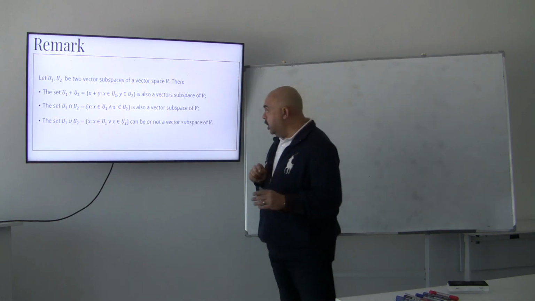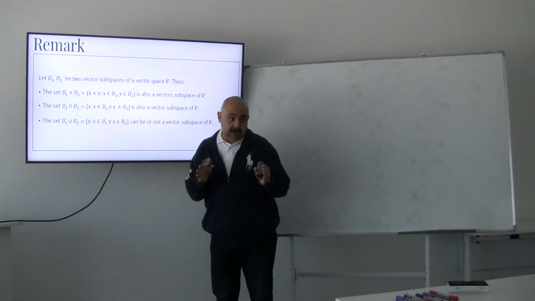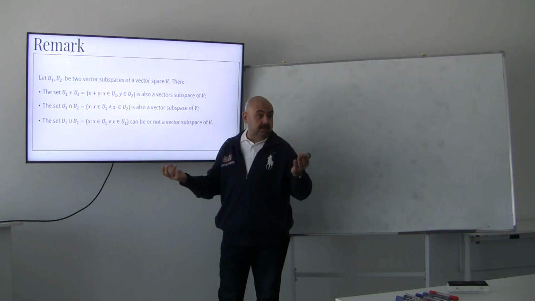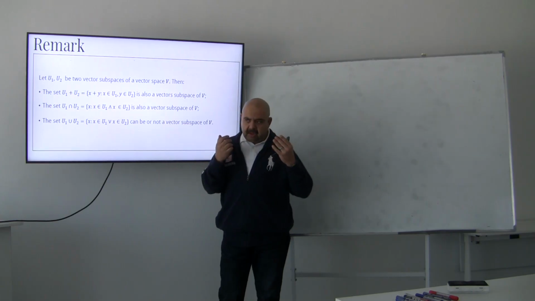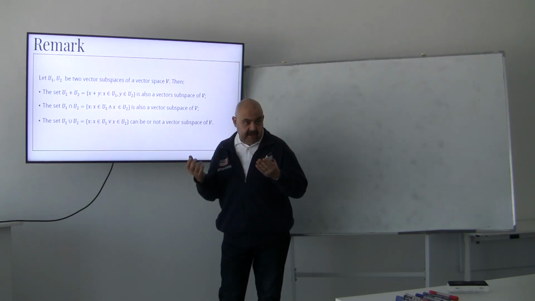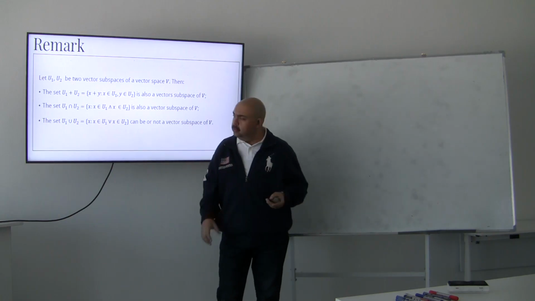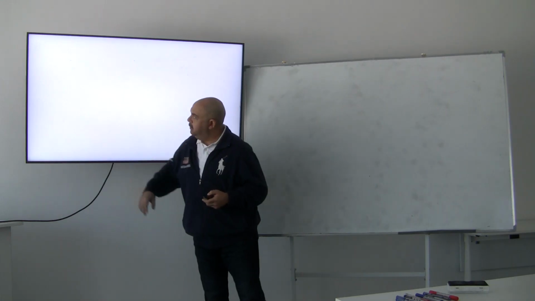But for the addition, it's not a must, because you are adding elements from U1 plus the vectors from U2, the vectors from U1 or the vectors from U2. That's what we mean about union.